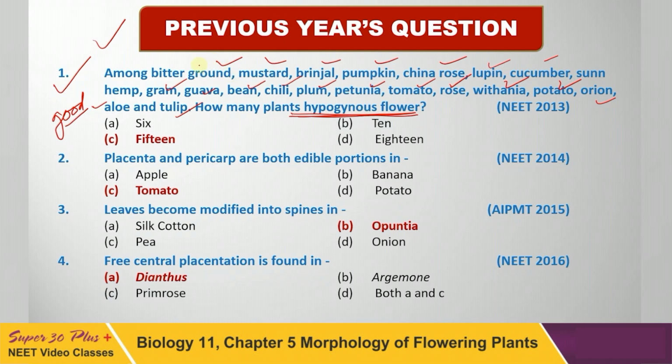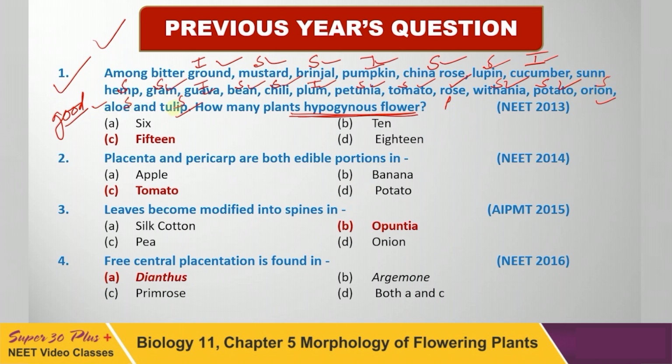Bitter gourd, the ovary is inferior; mustard, ovary is superior; brinjal superior; pumpkin inferior; China rose superior; lupin superior; cucumber inferior; sun hemp superior; gram superior; guava inferior or perigynous; plum inferior or half inferior; petunia superior; tomato superior; rose perigynous; withania superior; potato superior; onion superior; this is also superior and this is also superior.